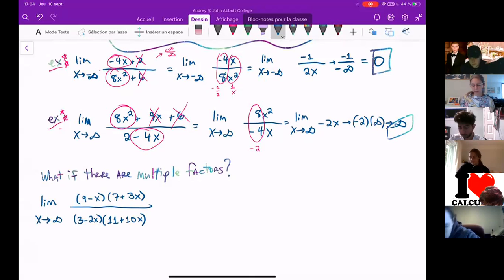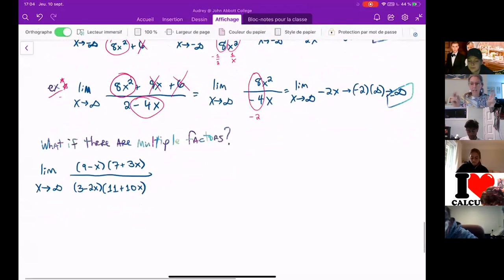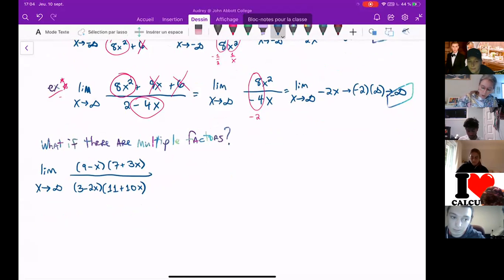So you might look at this and be like, okay, well, how am I going to take the biggest term? How am I going to find what the big stuff is? Let me expand. There's actually no need to expand. I don't care about what all of the small stuff is. I only care about what the biggest term is. And to find out what the biggest term is, I can just take the biggest term from each factor. So in other words, there is no need to expand. So we'll do this in red.